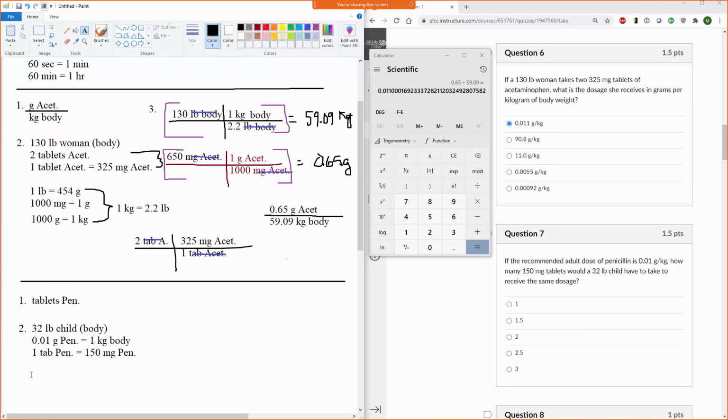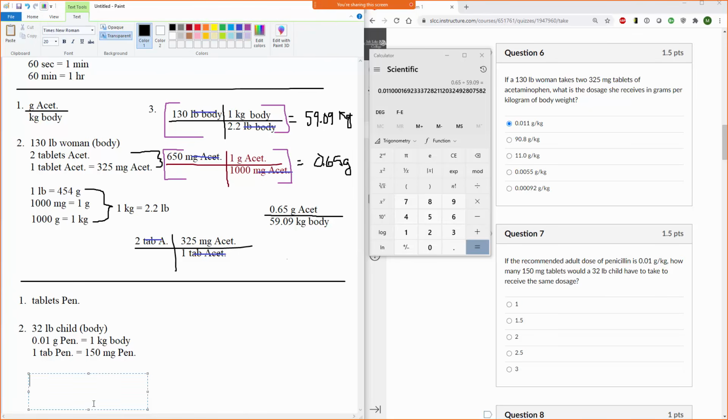What else are we going to need to make this work? We're going to need milligrams to grams because we've got milligrams of penicillin here and we need grams of penicillin here. So what conversion factor do you want to use here? 1,000 milligrams equals 1 gram.